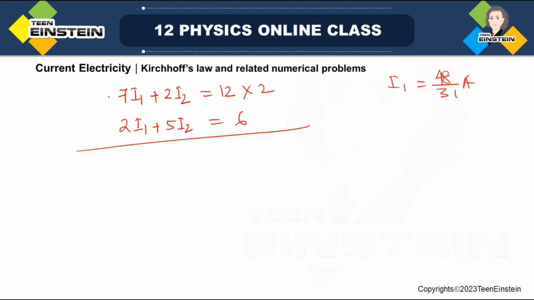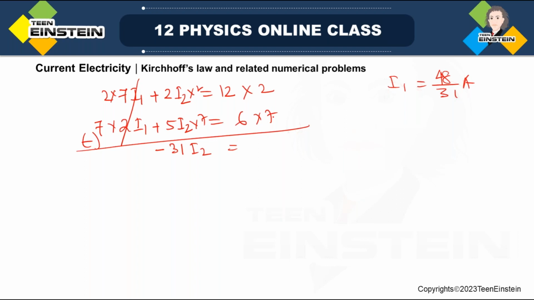So here I will multiply 2. So this will be 2. Here I will multiply 7. Here 7. Here 7. And then subtract. This will cancel out. So here this is 7, 5, this is 4. So this will be actually minus 31 I2.